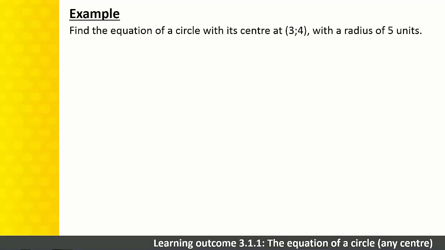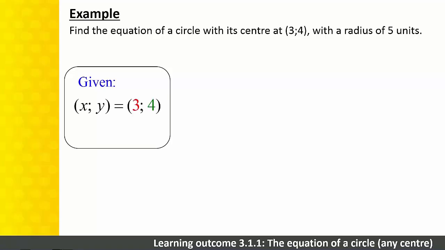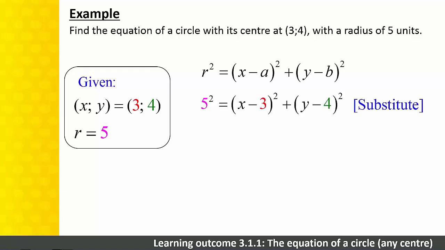Find the equation of a circle with its center at (3, 4) with a radius of 5 units. So we have been given our point (3, 4), and our radius of 5. We know the equation for a circle with center (a, b) is r squared is equal to (x minus a) squared plus (y minus b) squared. Substituting our given values, we get 5 squared is equal to (x minus 3) squared plus (y minus 4) squared.